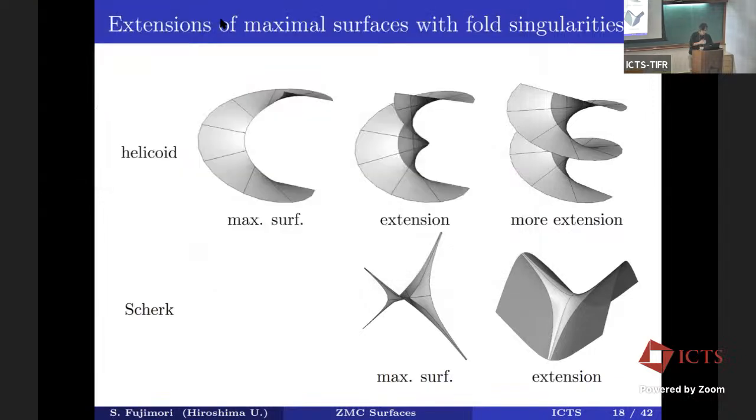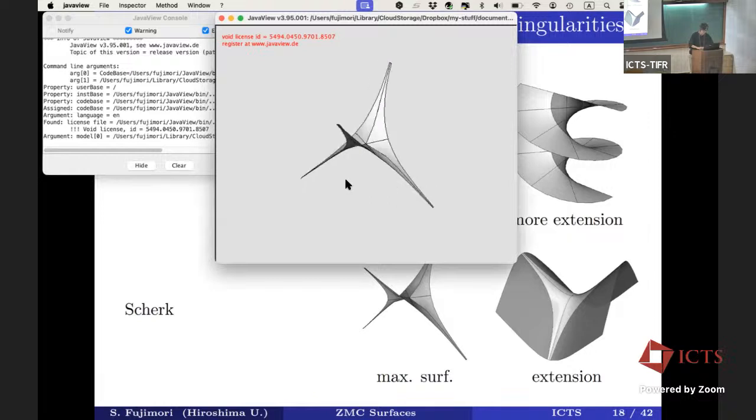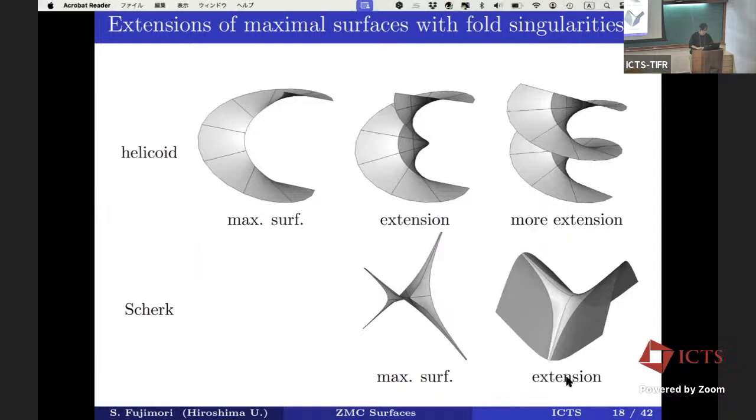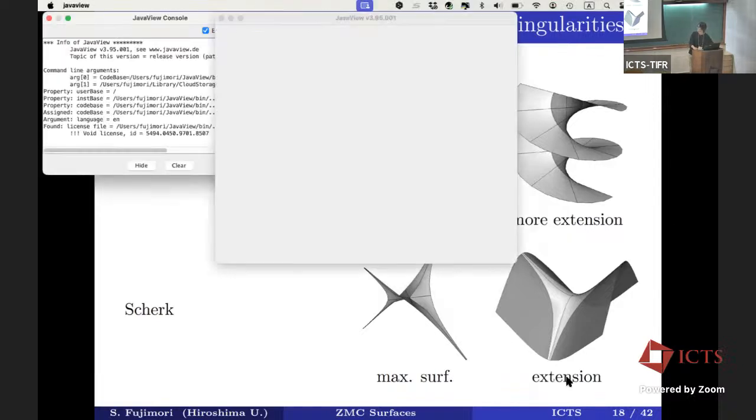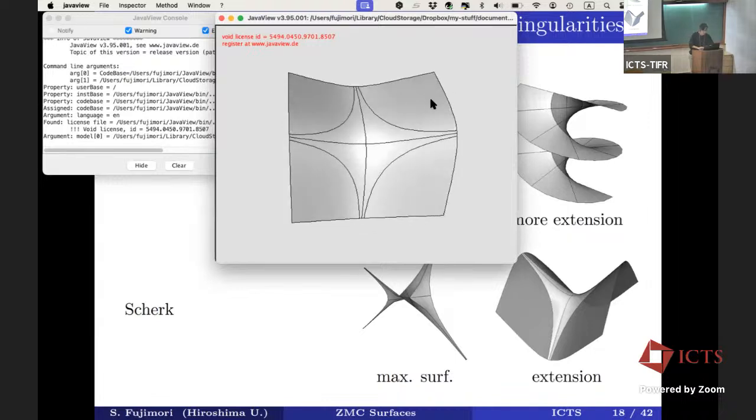Also, we start from the shark surface. It is not periodic, and has 4 ends and four singularities. After extension, we have this surface. The outside is the black part, the time-like part, and the inside is the space-like part.